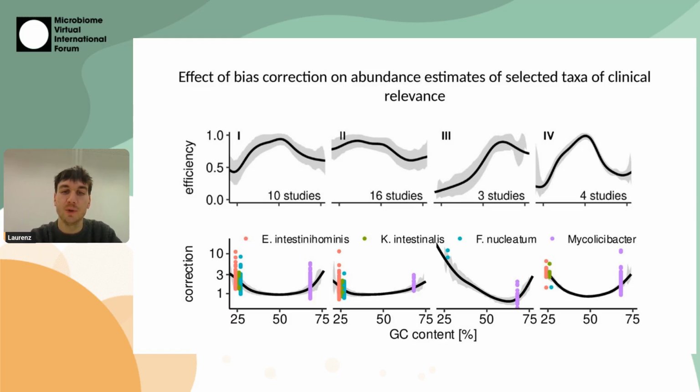For example, Fusobacterium nucleatum, a taxon that is known to influence colorectal cancer progression, has quite a low GC content. You can see that in some studies, when you correct for it, the abundance gets over tenfold higher. In other studies, it's twofold higher. But what you can see is that it does make an impact on your abundance estimates.